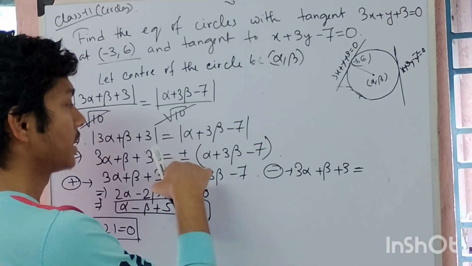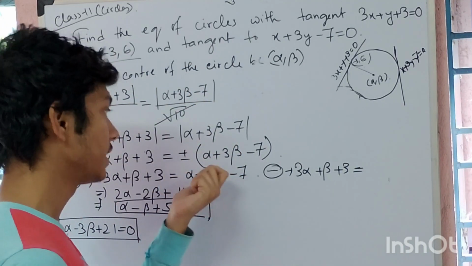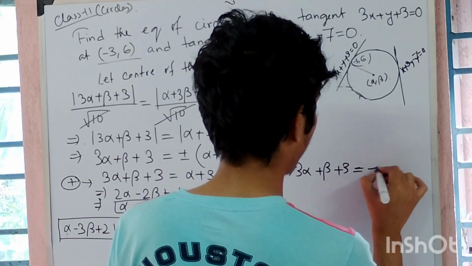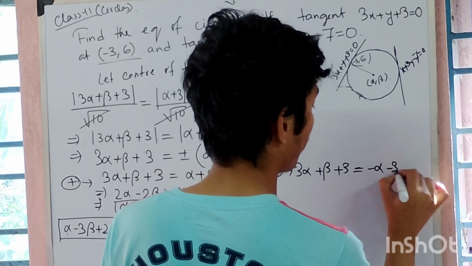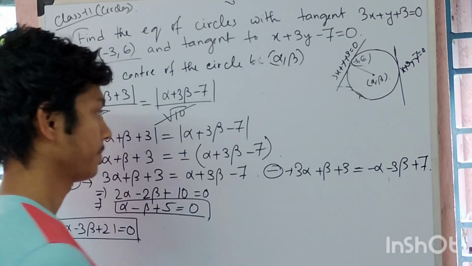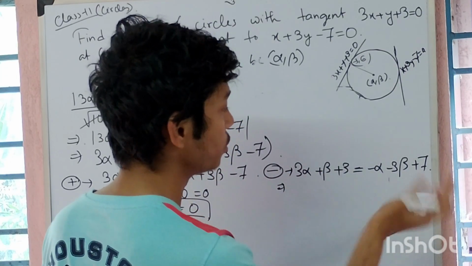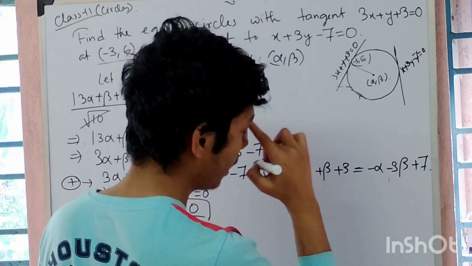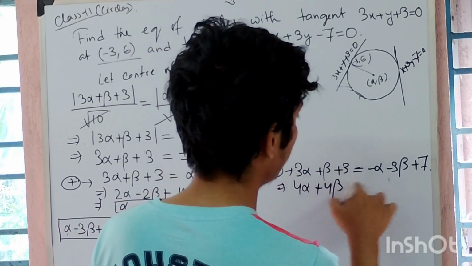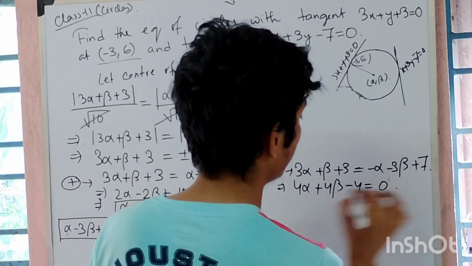If I take minus before the bracket and remove the bracket, all the signs inside change. So it will be minus alpha minus 3 beta plus 7. Clear? If I take this whole right side to the left side, it will be 4 alpha + 4 beta, and then 3 minus 7, which is minus 4, equals 0.